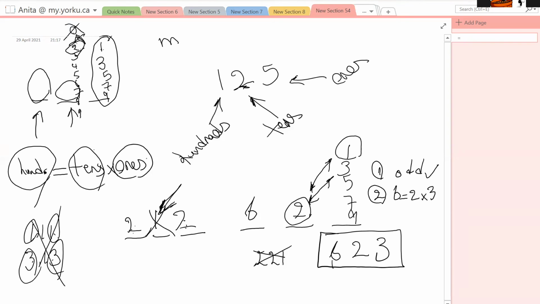That's it. And that's the only case, because if you go for 5, it's not going to work, because 2 times 5 is going to be 10, and you cannot put 10 here. Does that make sense? Yes, that makes sense. Cool, very good.